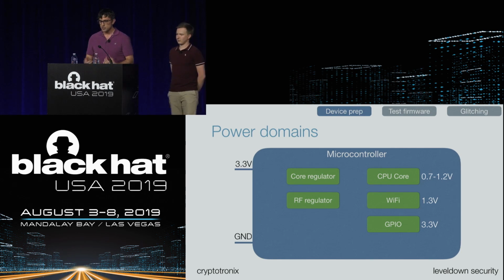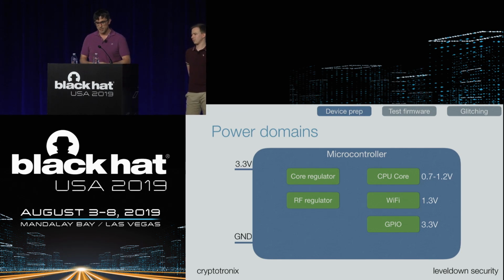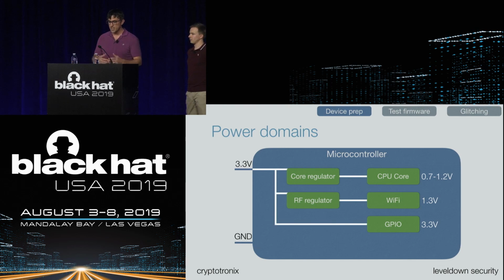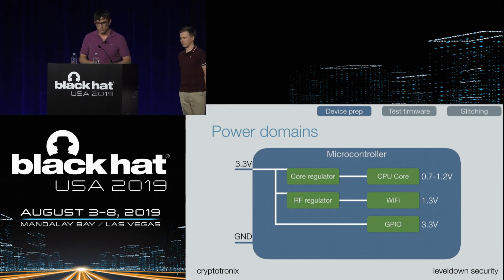So could be this core regulator that comes in from 3.3 to feed the CPU core. There could be also a different voltage regulator to drop the voltage down to 1.3. And so we're just kind of building out the block diagram here. And so then also 3.3 might just have no regulator because it's going right to the GPIO IP block. So that's all useful information. Now we have a hypothesis of how the internal IP voltage and power systems work.